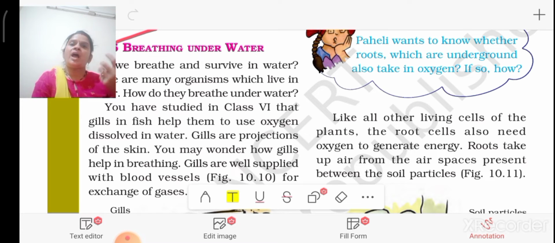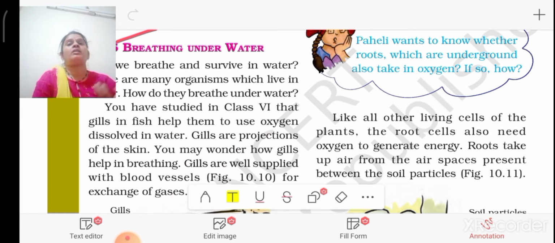We have a nose and lungs that help us to exchange gases, to breathe in and breathe out with the help of air present in the atmosphere. So directly we can take the oxygen which is present in the atmosphere. But organisms which live underwater can't use oxygen from the atmosphere, because they have to live most of the time inside the water.